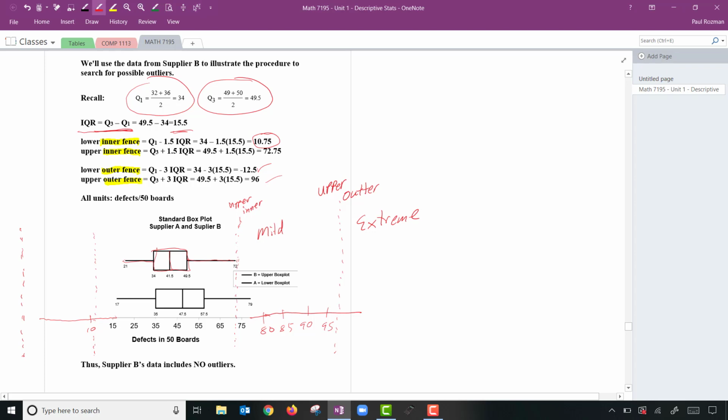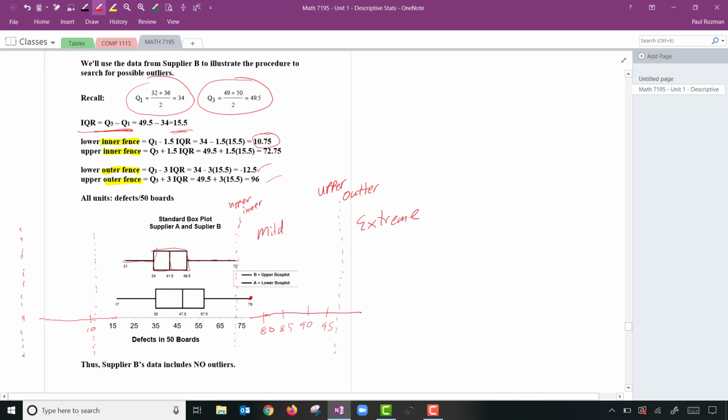I could ask you now, does supplier A have any outliers? And if you look at it, their maximum is right here at 79. So it might be tempting to say, yes, supplier A has an outlier at 79, but we'd be wrong. The reason for that is that the fences that we calculated were using the supplier B quartiles. So these fences that we scribbled onto this plot only apply to the top graph, the top box and whisker plot.